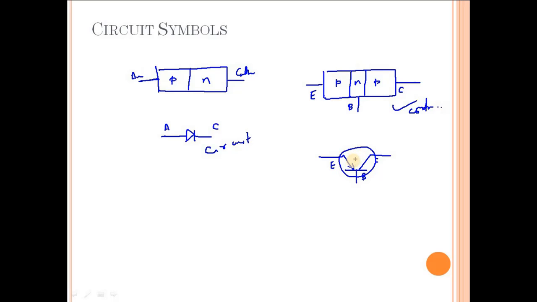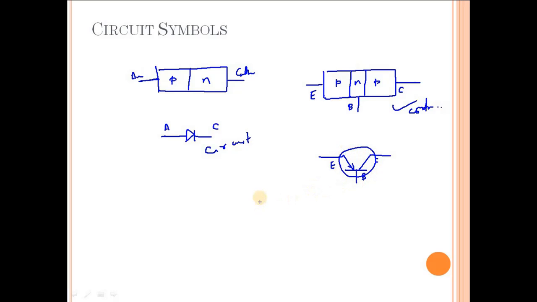So in any BJT, whatever may be the direction of the arrow, it appears in the emitter layer. It appears in the representation of the emitter layer in the circuit symbol, and it faces in the direction from P to N junction in the emitter side of the circuit symbol.